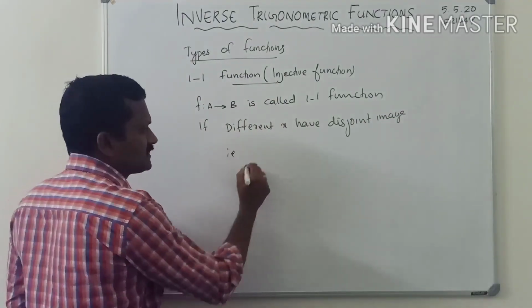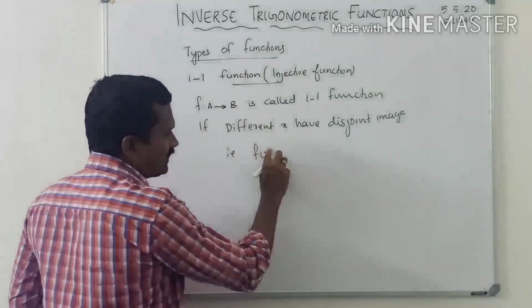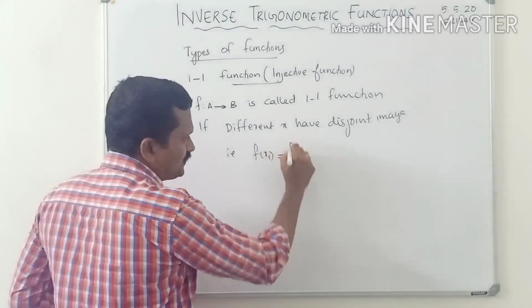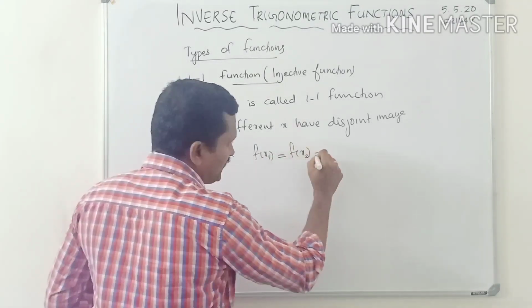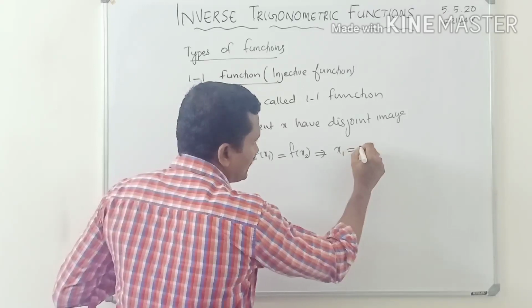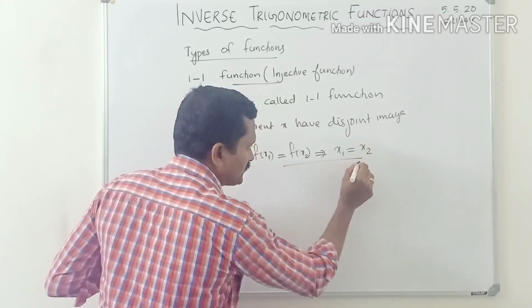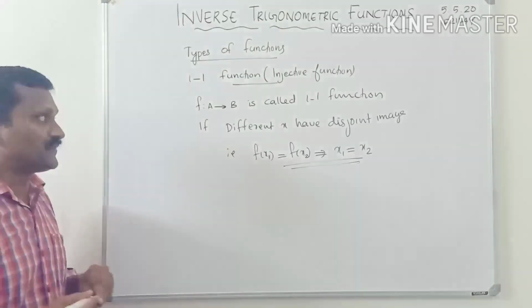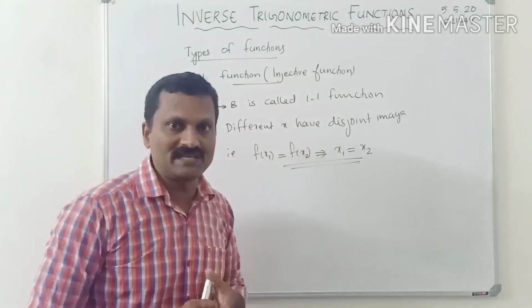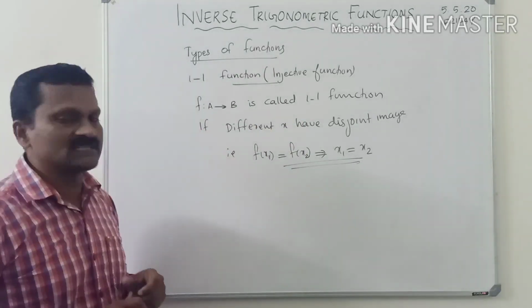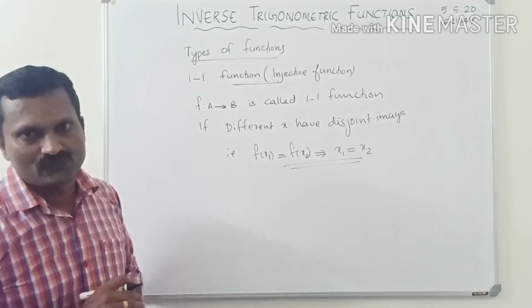That is, f of x1 equal to f of x2 implies x1 equal to x2. Different x have distinct images. Such functions are called one-one functions.